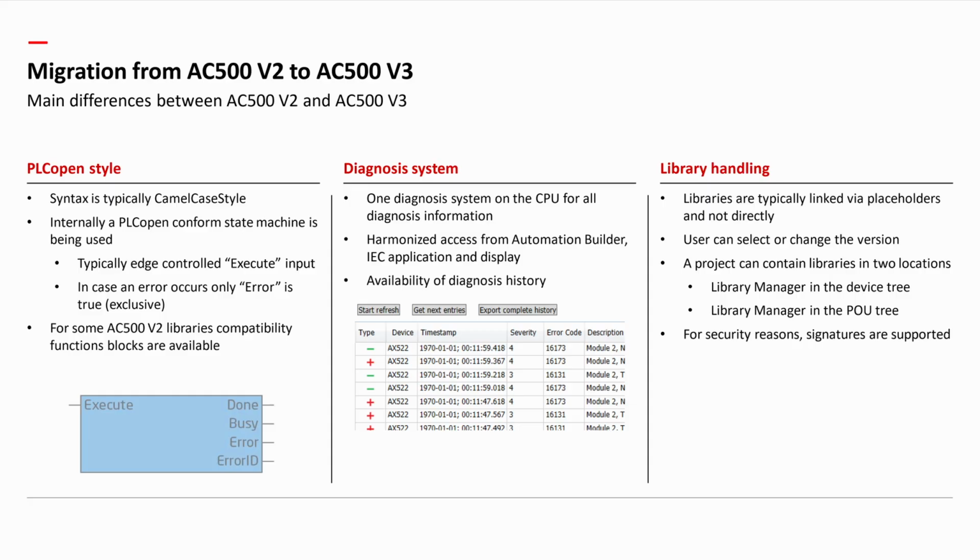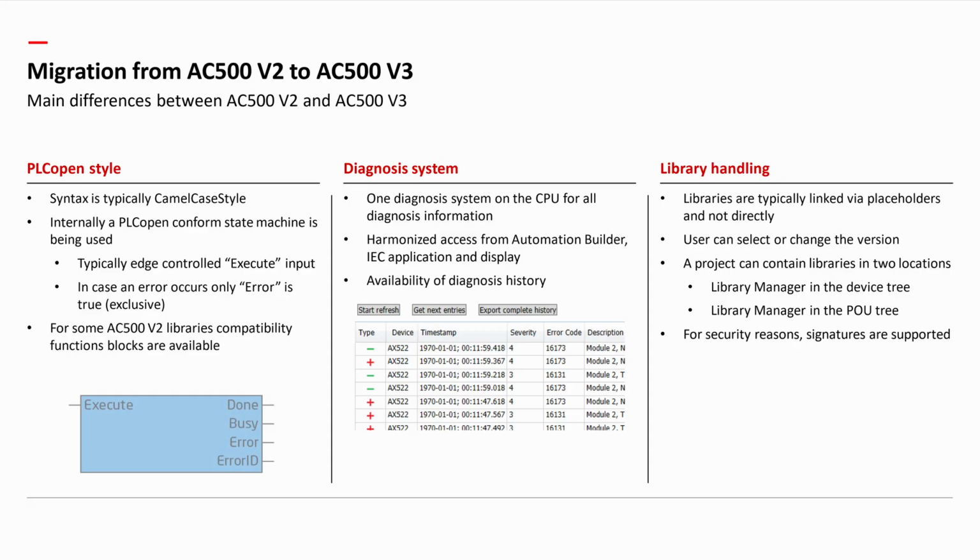The next thing that is completely different is the diagnostic system. If you were accessing the diagnostics in a V2 PLC and now want to do the same in V3, it's completely different. How the diagnostic system works will be covered in a dedicated session next week, so I won't spend many words on that. The third thing I want to highlight is library handling.